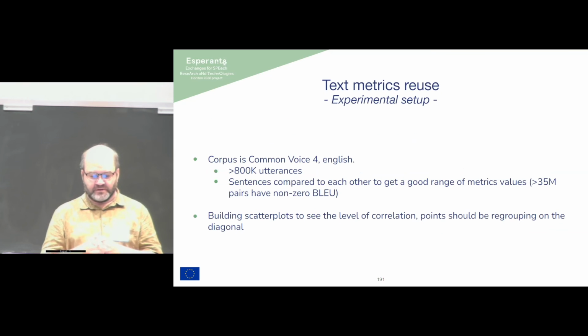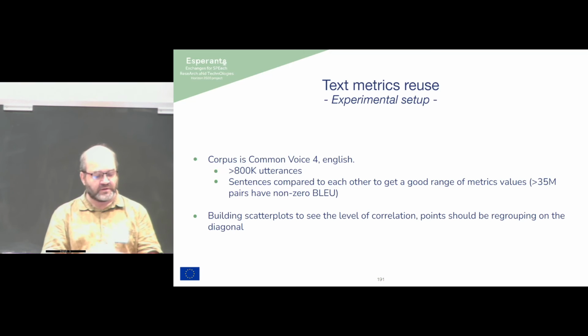So we had a nice experimental setup. We use Common Voice for English because, in fact, when you want to do that, you only want to see whether you're able to see if sentences are similar, looking at the speech, having the text as reference. So you don't need the result of a translation. You just need, in fact, ASR training data.